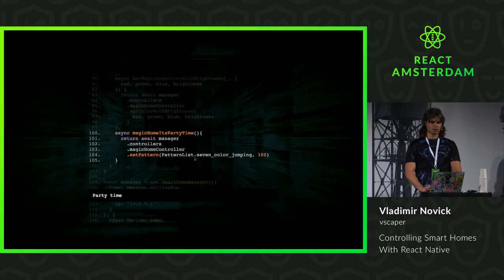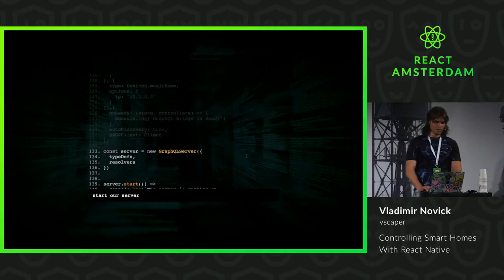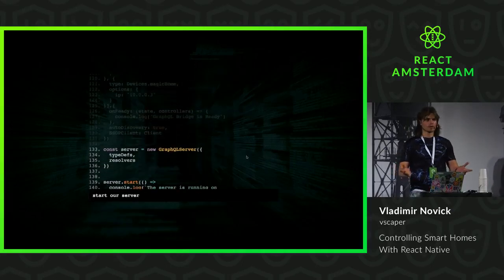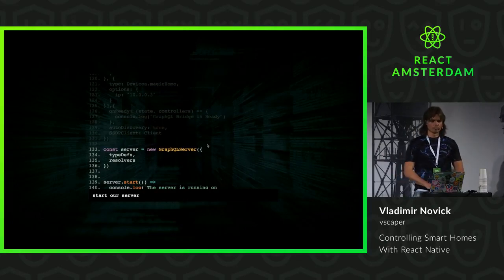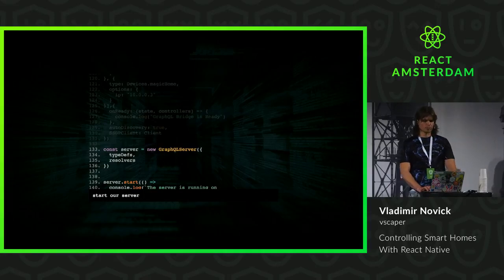Setting pattern, you see pattern list, 7 colors jumping, so even descriptive naming. And yeah, just start the server, and it runs on port 4000. I mean, you can choose whatever you like, create your own server, use any technology you want. If you're in a Node environment and running it, it will just work. Or won't, I don't know, you tell me later.